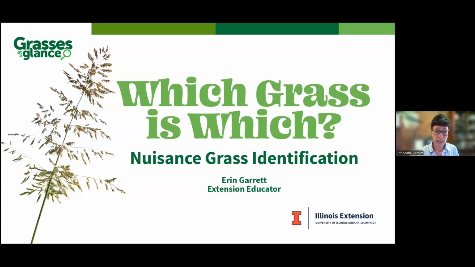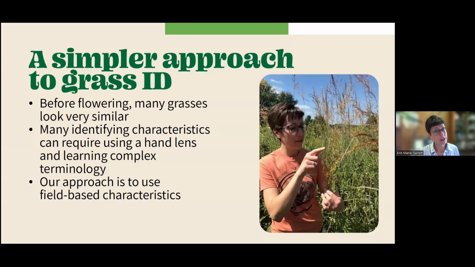We're going to get started in the same way we did yesterday, with a refresher on grass ID terminology. If you've been here the last 2 days, you'll have heard this twice. This is time 3, but just so we're all on the same page with our terms, our approach to grass identification for this session is to use field-based characteristics that for many of us we can observe without a hand lens.